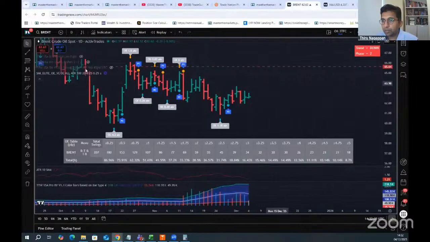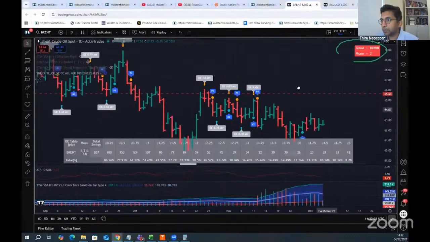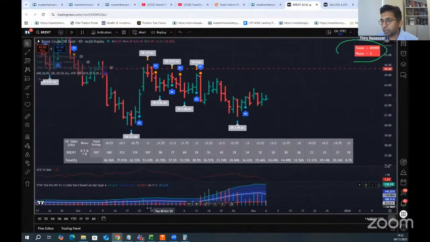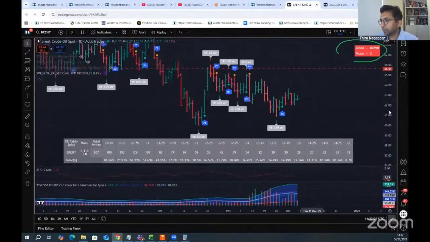Now, in terms of that, I'll show you here in terms of the daily. This downtrend really is from two parts, isn't it? One is from the daily overall direction. So let me just squeeze that in here.